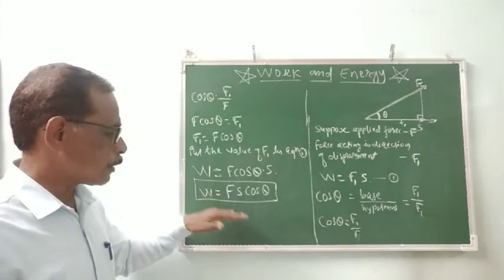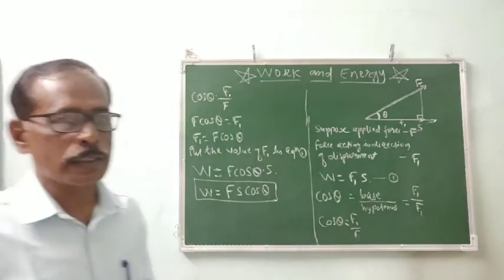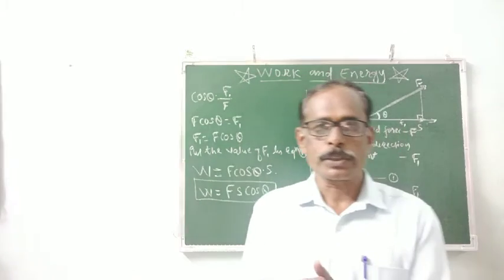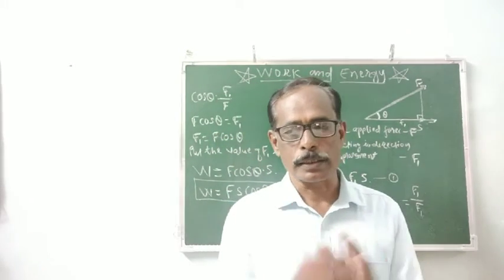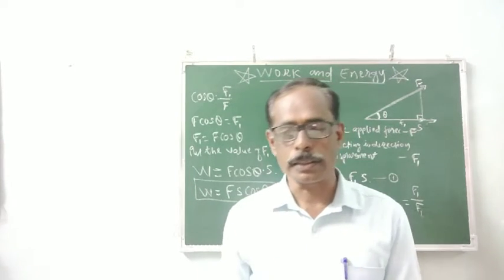With the help of that equation, we may calculate the work done when the direction of the applied force and the direction of the displacement of the object have some angle, that is theta.